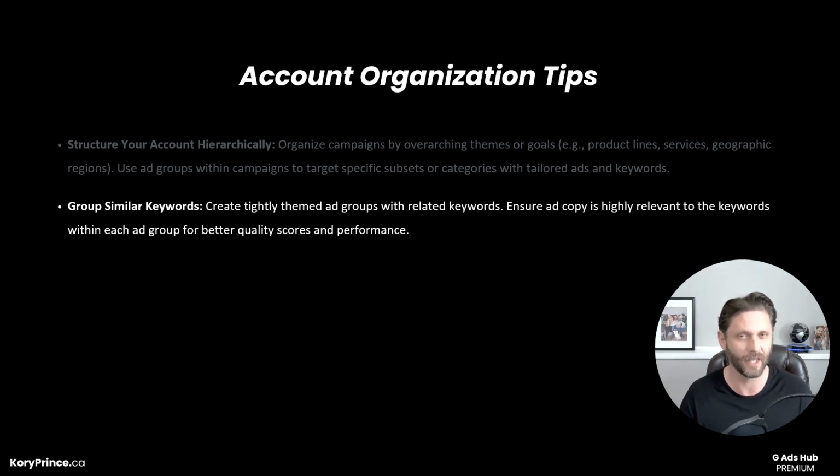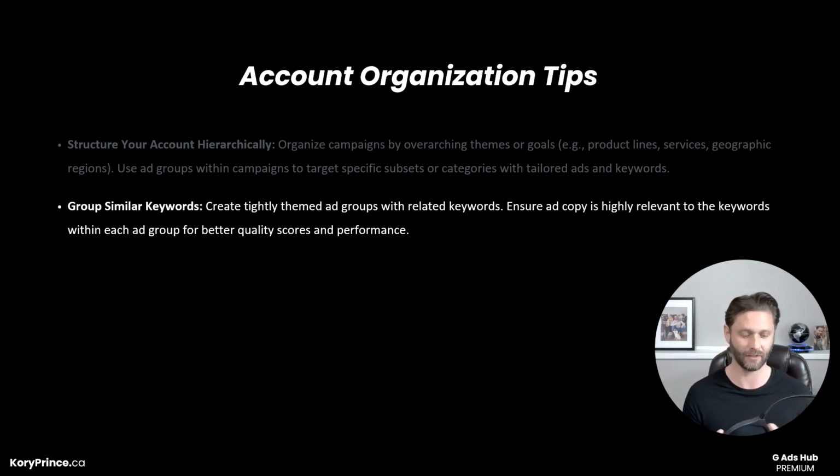So think about it: campaigns, ad groups, ads, and keywords. If the campaign is about XYZ widgets, and then the ad group is about XYZ widgets, and then the keywords are a couple different variations of XYZ widgets, but not too many variations, you can create ad copy that closely matches a couple different keyword iterations, so that when they search variations of those keyword phrases, the ad shows up.